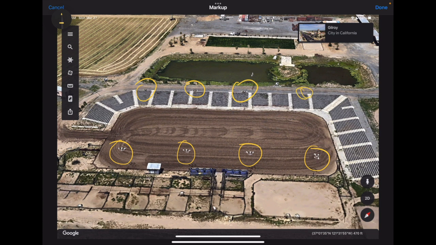This is a classic situation of circles in the dirt near where the lights are and large dark spots in here. This is a classic rodeo where you cannot shoot the night performance the same as you would shoot anything else, right?